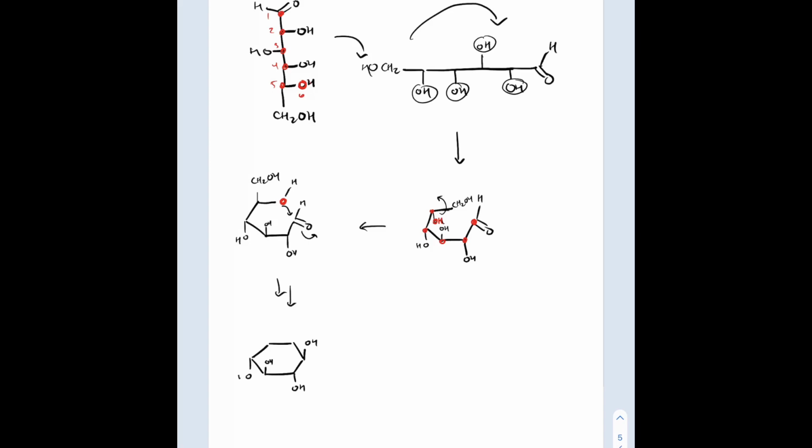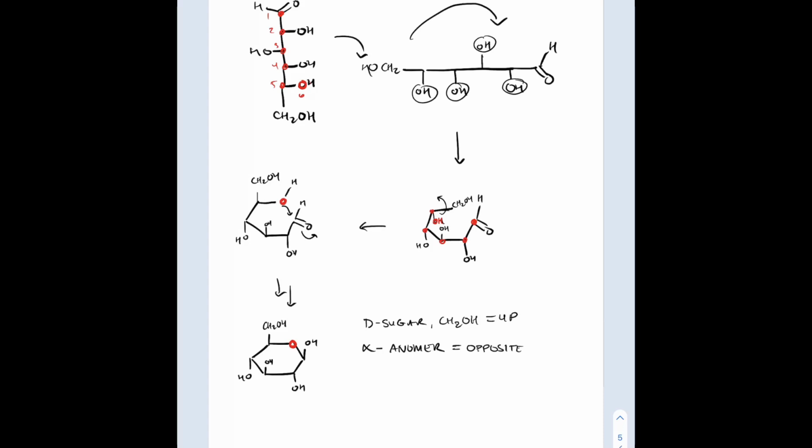When we do this, it's important to note that the CO from the aldehyde is actually an OH now. So we've created a new stereogenic center, and that by definition is the anomeric carbon. For D sugars, the C2 OH is always going to be up, and this is just due to the way we form that cyclic sugar.